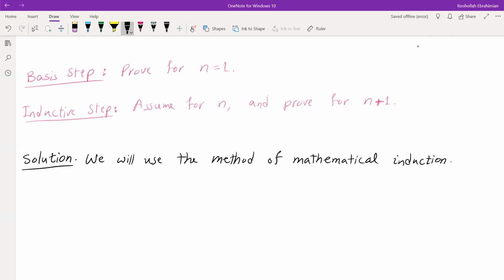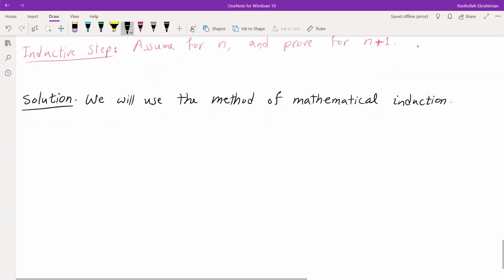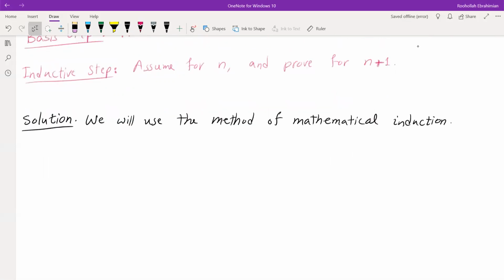So what I do is I'm going to just write down the basis step, write down the inductive step, and then that would be it. So we will use the method of mathematical induction on n. I'm going to specify which variable I'm using induction for.